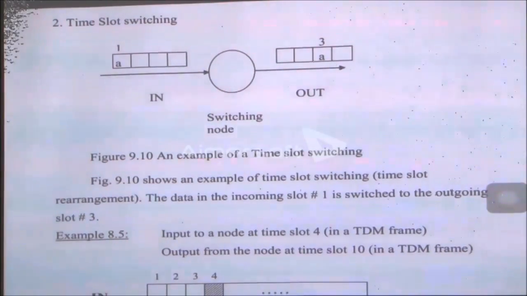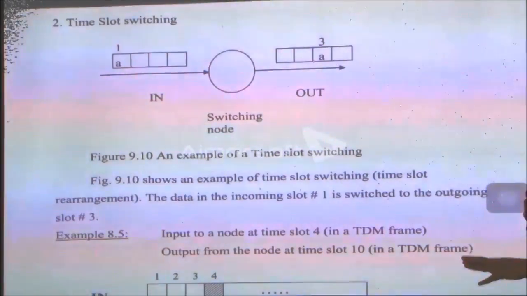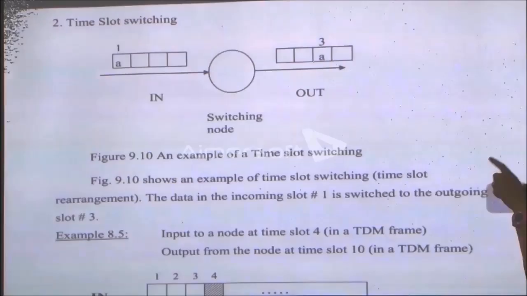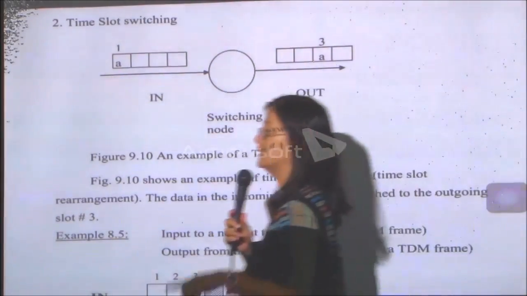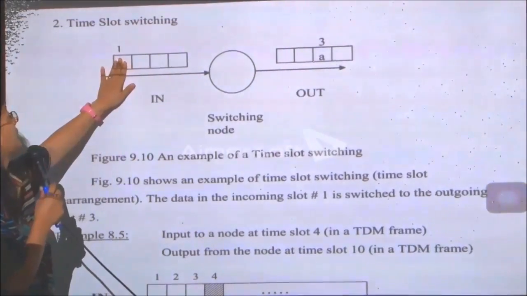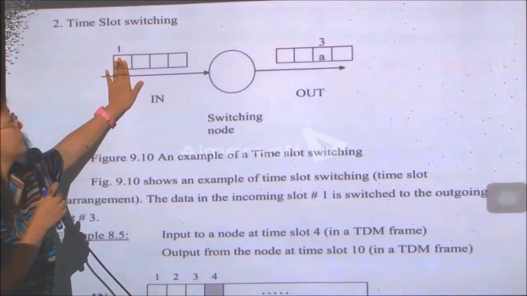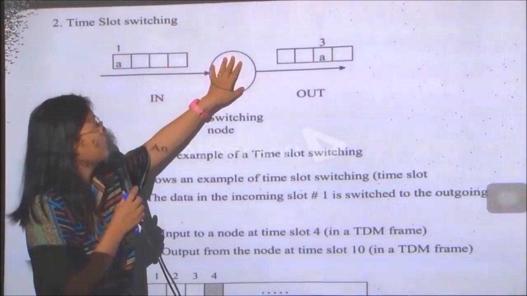The second technique to do the time switching is to use the switching node, okay? To move the data from one slot to another slot. As you can see, we have a TDM frame coming in and a TDM frame coming out of the switching node. So if user 1 wants to send the data to user 3, user 1 sends it into the switching node.